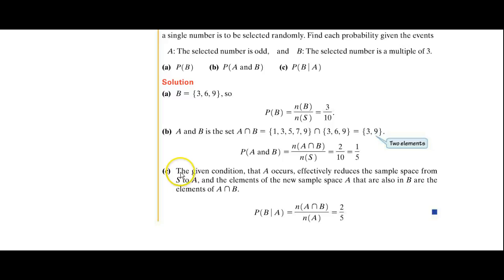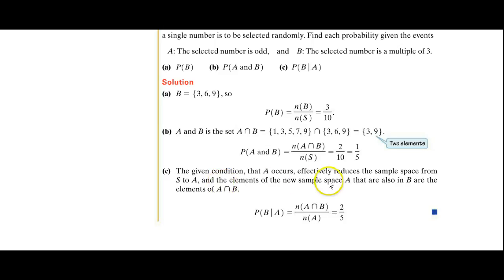So as we look at example C then, given the condition that A occurs, that effectively reduces the sample space of all 10 numbers to just the odd ones. That would be 5.